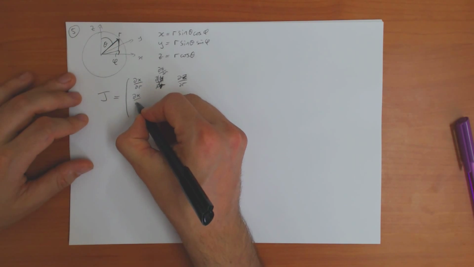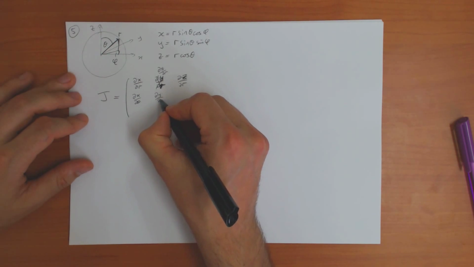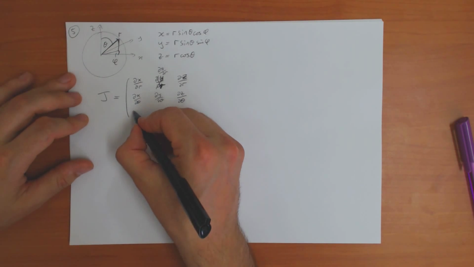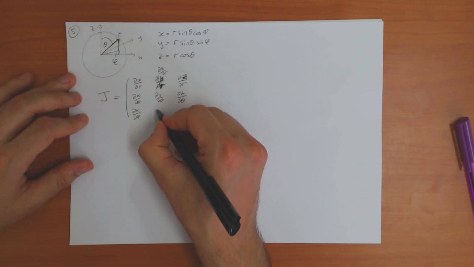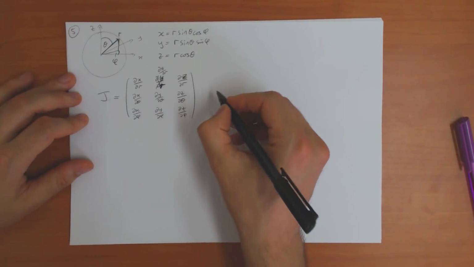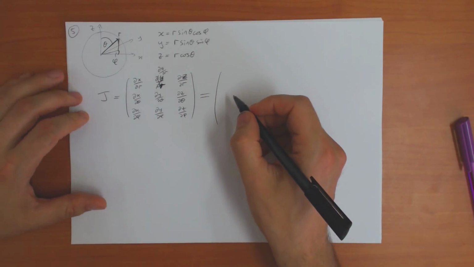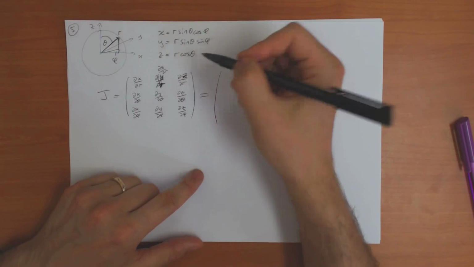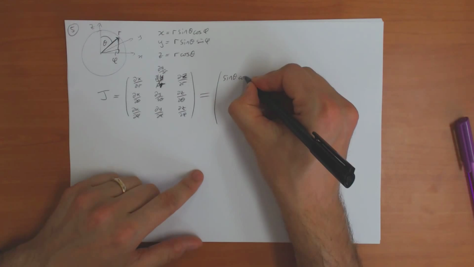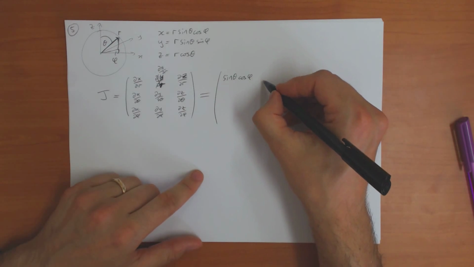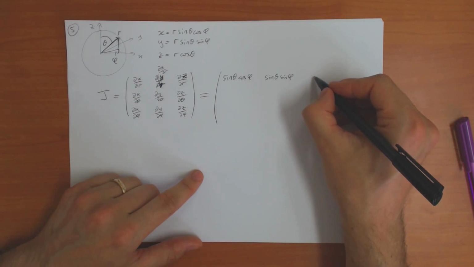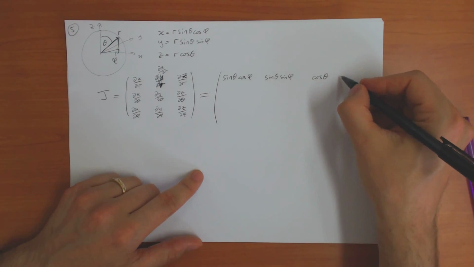Then dx by d theta, dy by d theta, dz by d theta, and finally dx by d phi, dy by d phi, dz by d phi. Okay, so you have to work out all those derivatives. They're not hard, there's just 9 of them. So dx by dr is sine theta cos phi, dy by dr is sine theta sine phi, dz by dr is cos theta.